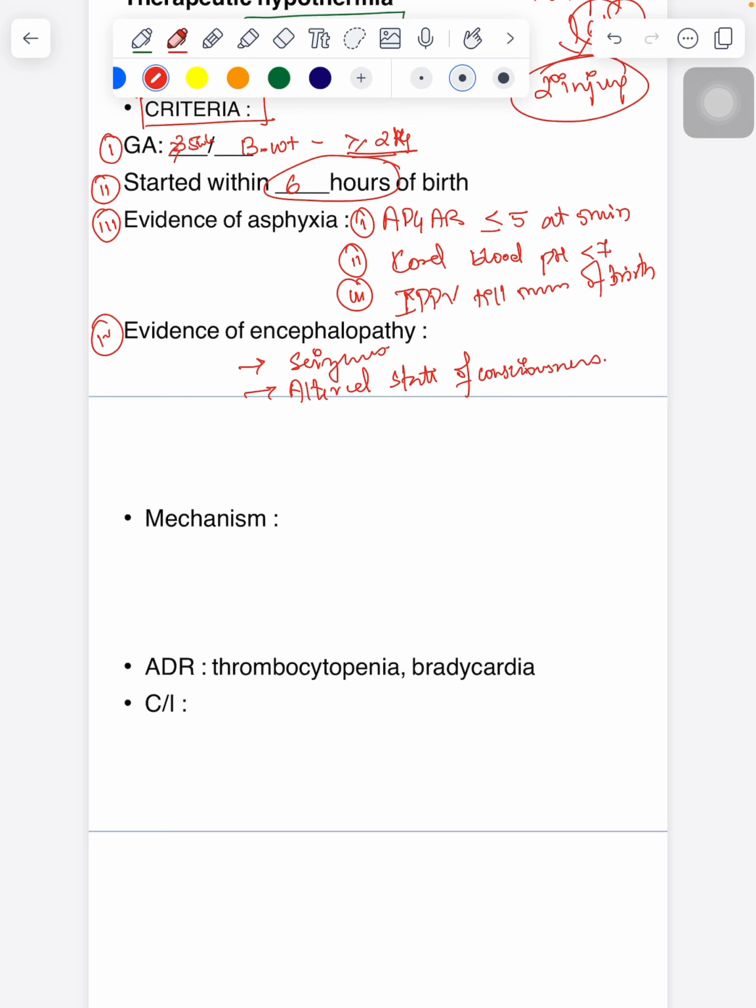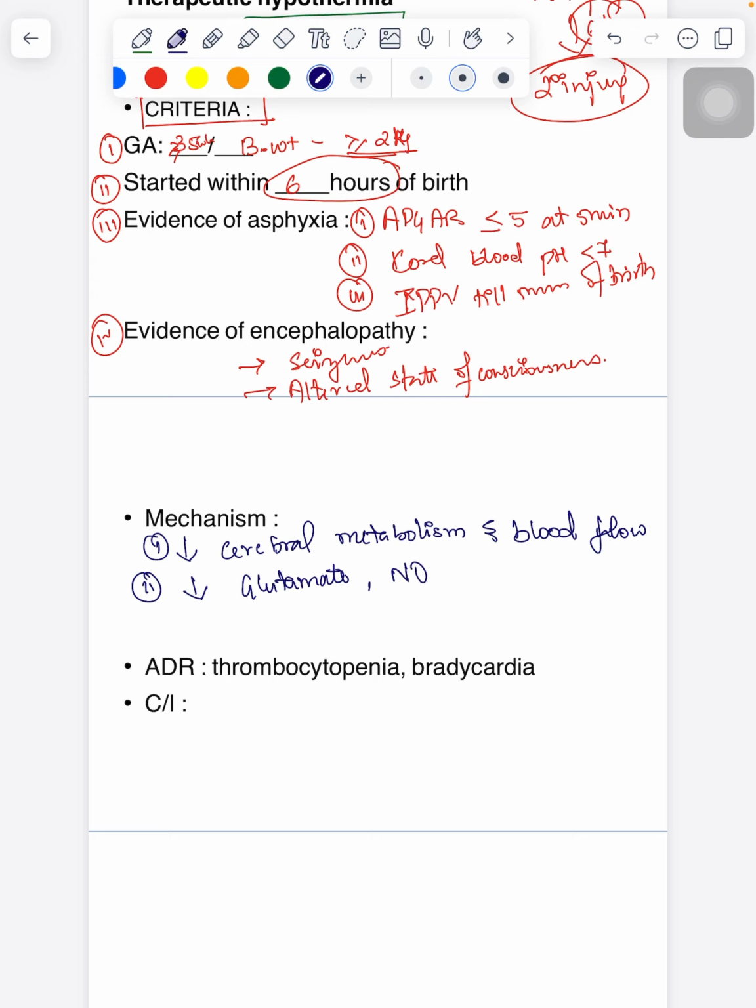What is the mechanism behind therapeutic hypothermia? There is a decrease in cerebral metabolism and also in blood flow to the brain, meaning there will be a decrease in edema. Second, it decreases glutamate, your excitatory neurotransmitter, and nitric oxide, thereby leading to less oxidative injury.